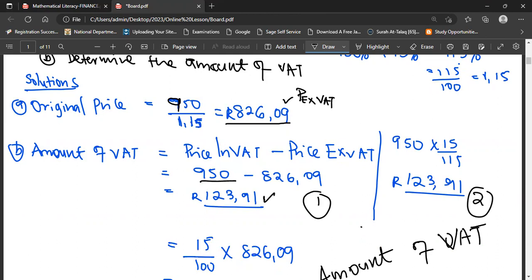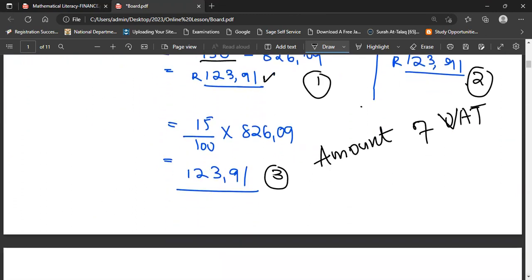If you don't want that, you can take 950 times 15 out of 115 as method 2, and still get the same answer. Or you take 15 out of 100 times the original price, and you still get the same answer.